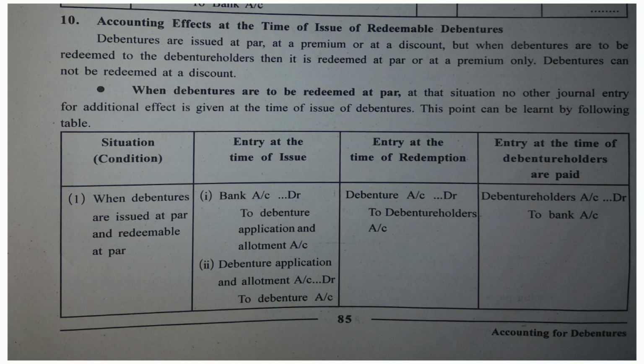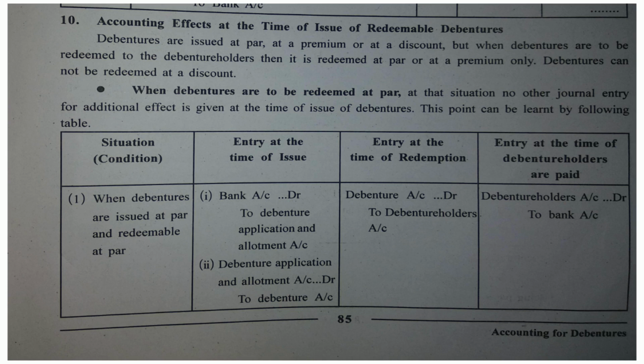As I said, debenture is a liability for company. So the amount of debentures is to be given back to debenture holders after a certain period of time. Yes, after 4 years, 5 years. So first condition is issued at par, redeemable at par.